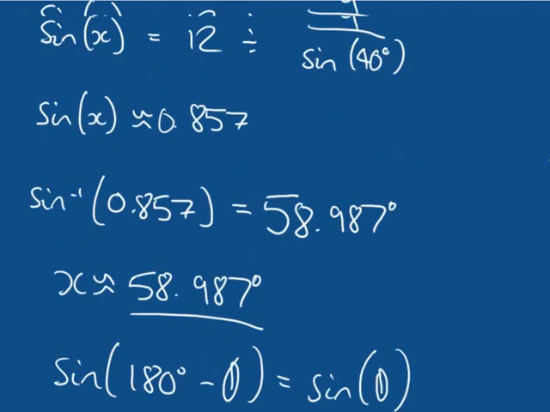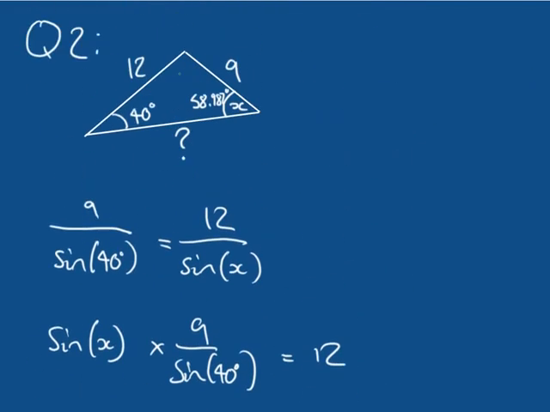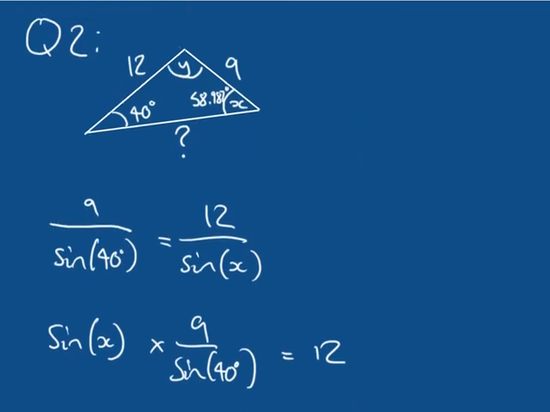So using our first value of x, now that we have x, we can actually calculate the third angle in our triangle, because we know that the angles in our triangle add to 180 degrees. So if I called that third angle y, we know 180 degrees is equal to 40 degrees plus x plus y.